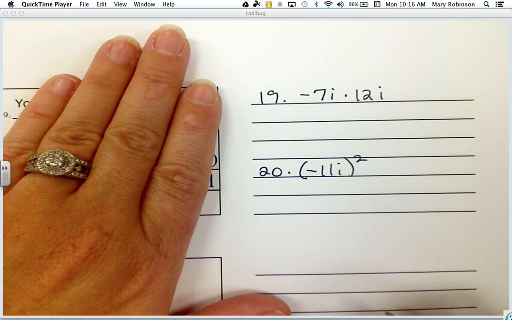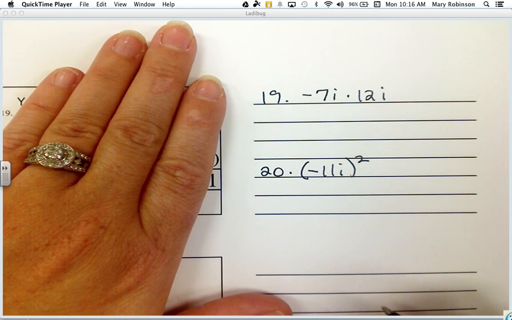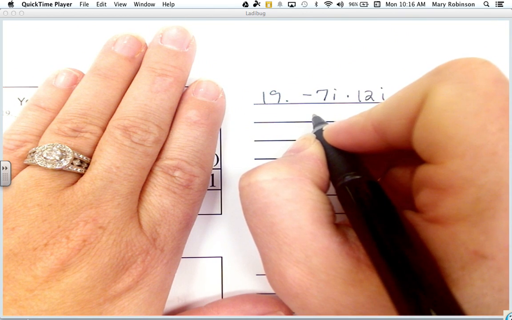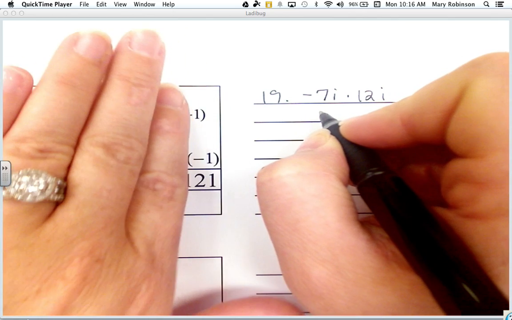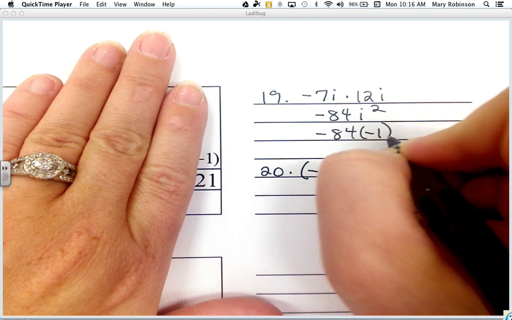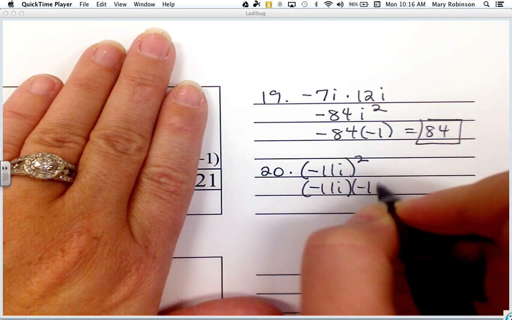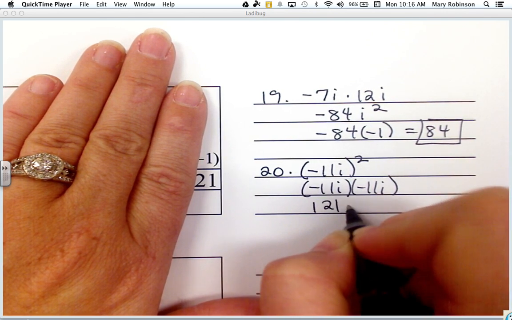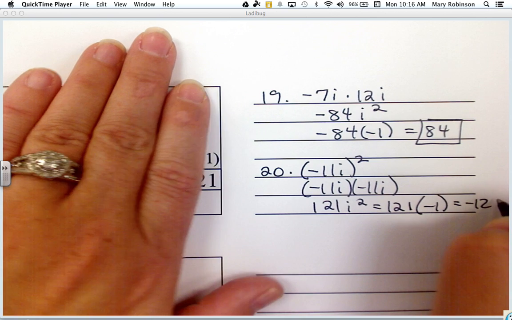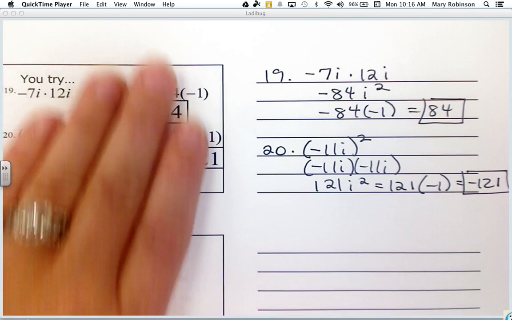So hit pause at this time, write these down, and do your work, and then hit play again to check your answer. All right, hopefully you got those two values.